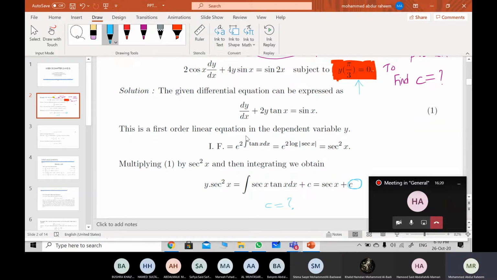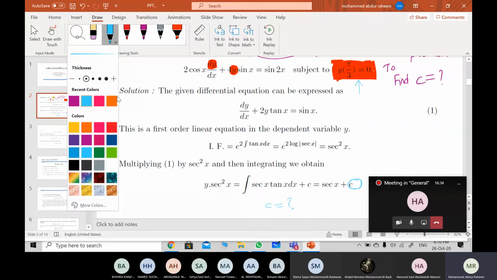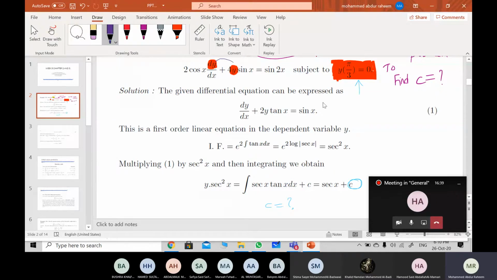The equation is solved here. What is the equation type here? Here dy and y is there. So this equation is linear in y.